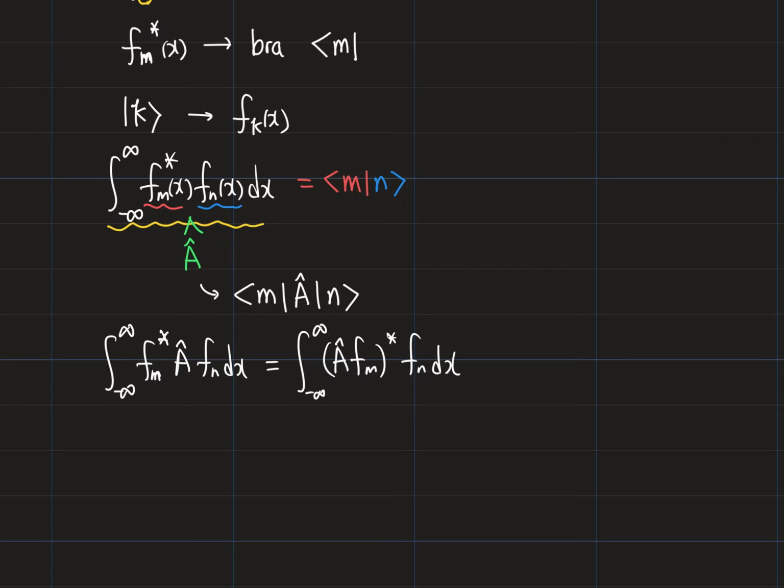Something like this. But now we just write the left-hand side as ⟨m|A|n⟩.